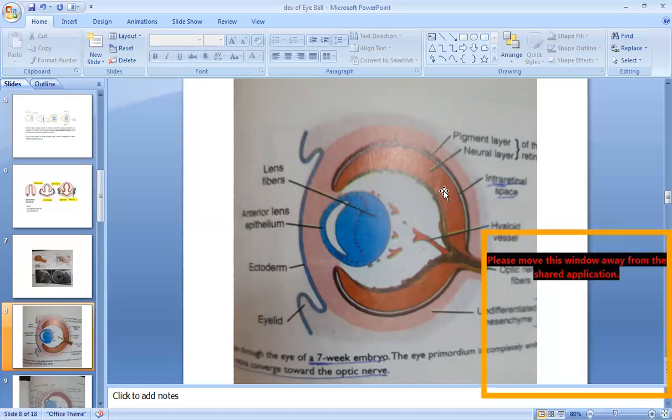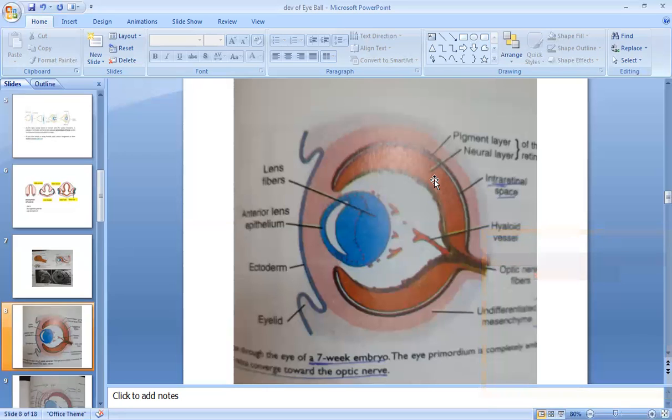Both these layers are separated from each other by a space, which is called the intraretinal space in the beginning. Later on, with development, this space obliterates and both layers, the pigmented layer and the neural layer, fuse and become one.